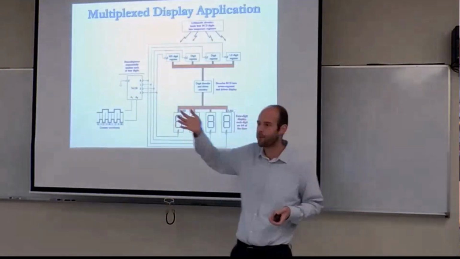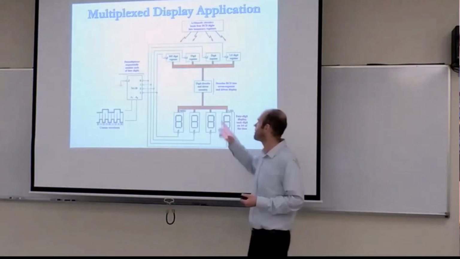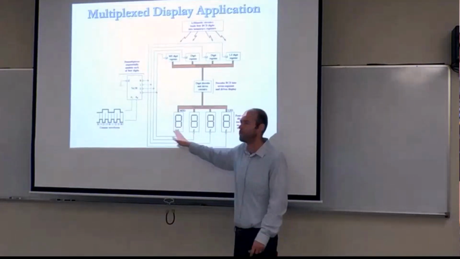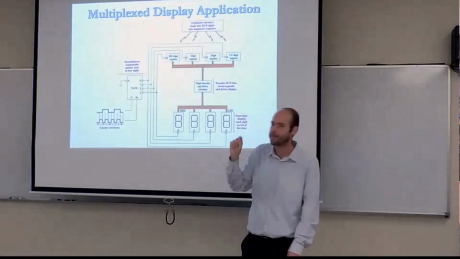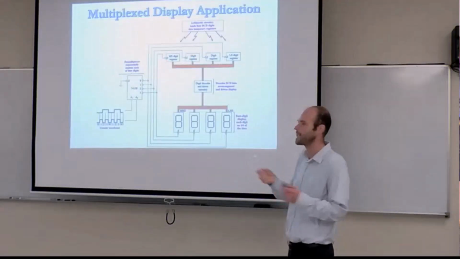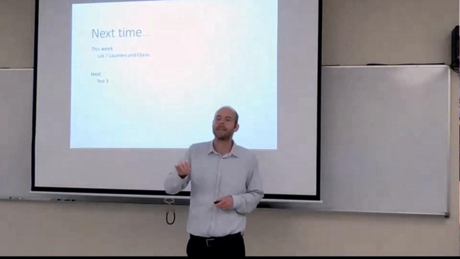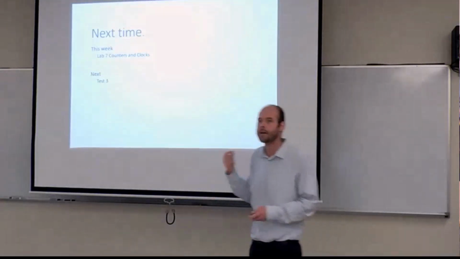It would be as wide as a 4-lane highway going from your RAM to your processor. But with just one data channel and the ability to enable only 1 byte of memory at a time, we can save substantially on the amount of hardware space it takes to get data from point A to point B. We'll put a pin in that for now. Next time, we're talking about counters and clocks.